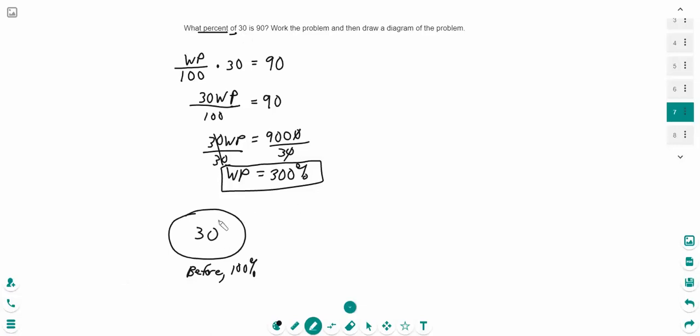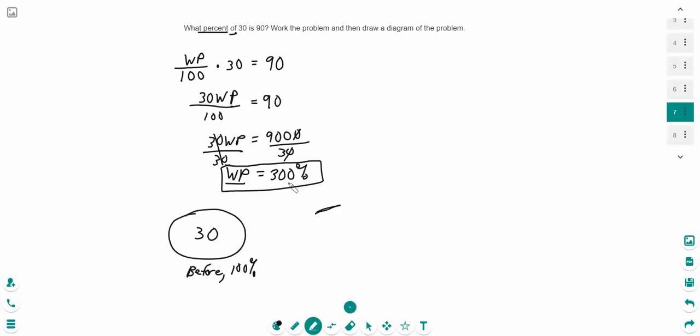We got it up to a 90. We went from a 30 to a 90. So that means we grew it. And the obvious indication of that is we have our what percent right here, and it's 300, okay? It's actually a lot bigger than 100%. So we definitely grew it. We went way over the 100%. We went all the way up to 300.